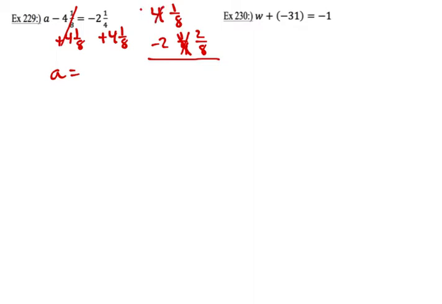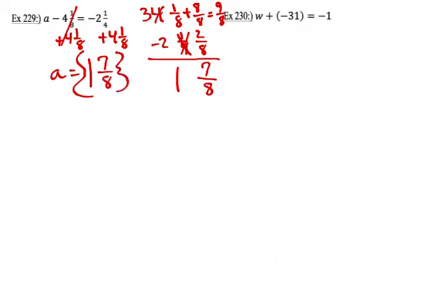So I borrow and I need another 1 over here, which is 9/8. So I have 9/8 minus 2/8, that's 7/8. And 3 minus 2 is 1. And we decided earlier it's positive, so this is 1 and 7/8 as the answer. So a equals 1 and 7/8.